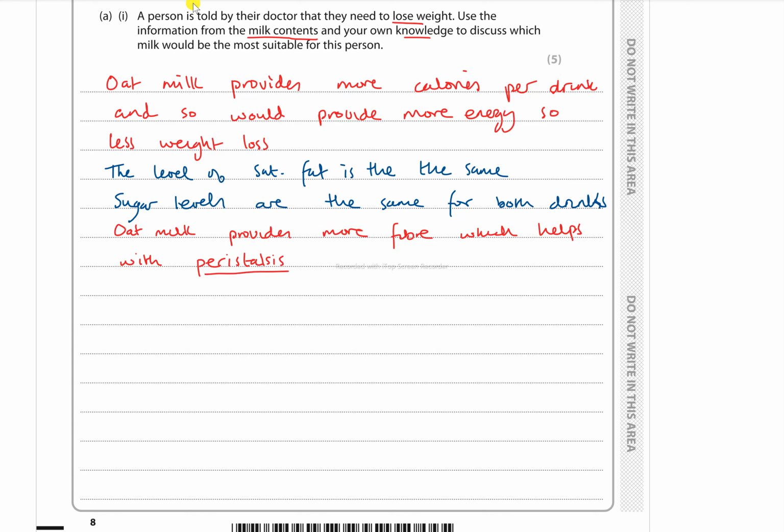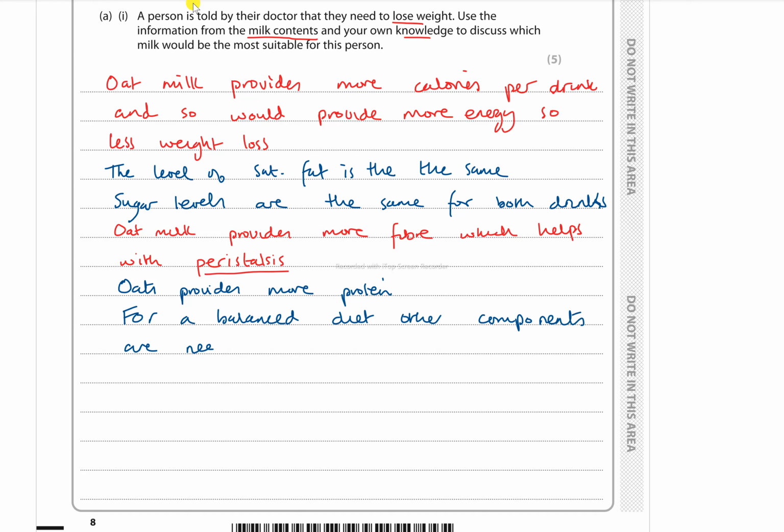Right, again, you can say oats provide more protein, and for a balanced diet, other components are needed, such as vitamins, other minerals, such as calcium.